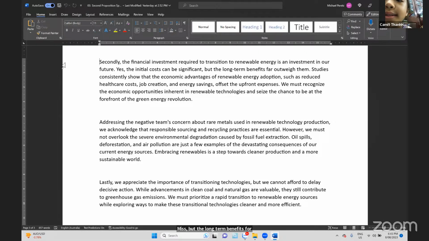Studies consistently show that the economic advantages of renewable energy adoption, such as reduced healthcare costs, job creation, and energy savings, offset the upfront expenses. We must recognize the economic opportunities.